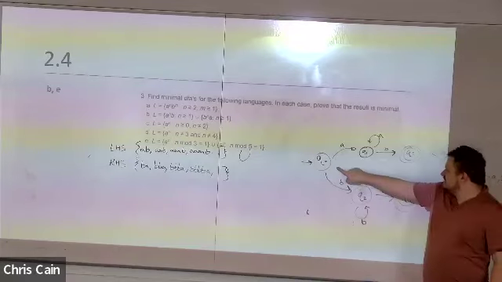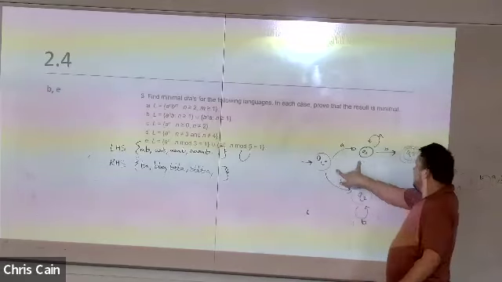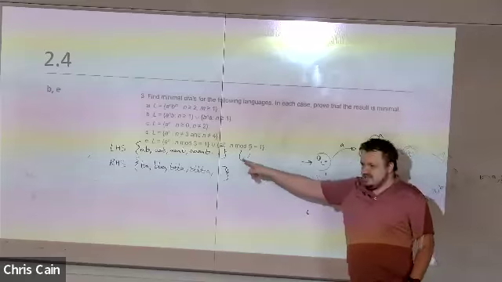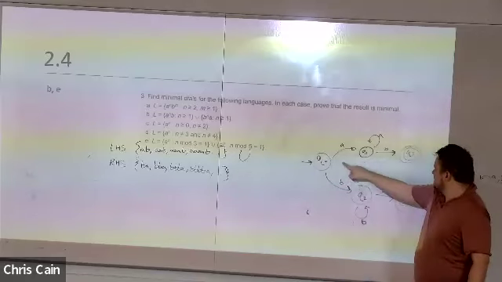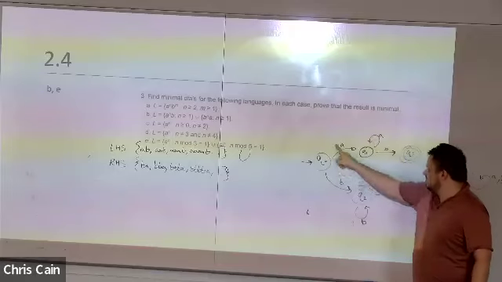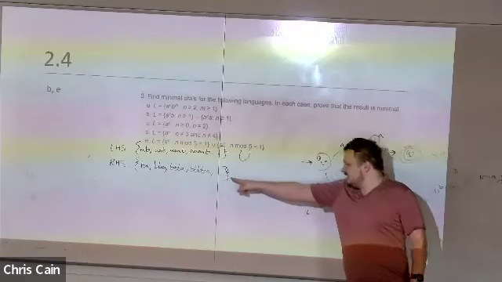We need to see at least one A, right? So we can't combine Q0 and Q1 probably, because we need to see at least one of these A's. If we were to just do this and see a single A without that loop, or if we put the loop on Q0, then that would accept some weird things for the right-hand side.